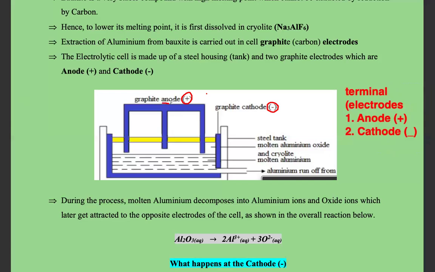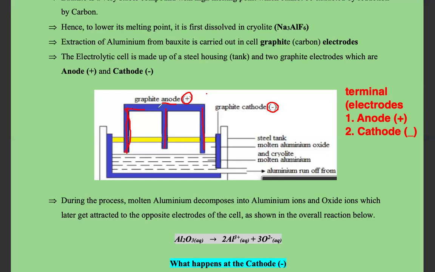We have the anode, and the anode is on top. These electrodes are just dipped inside the cell, like when we are warming water, we get our heating elements and dip them inside the water.